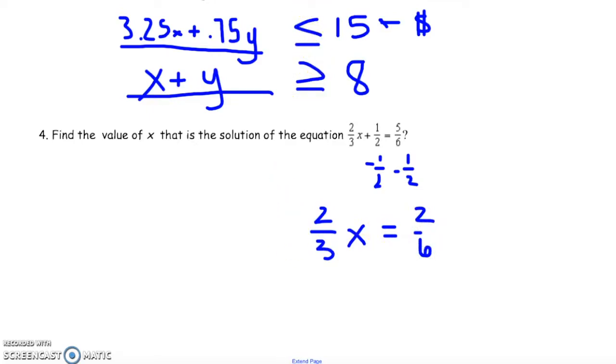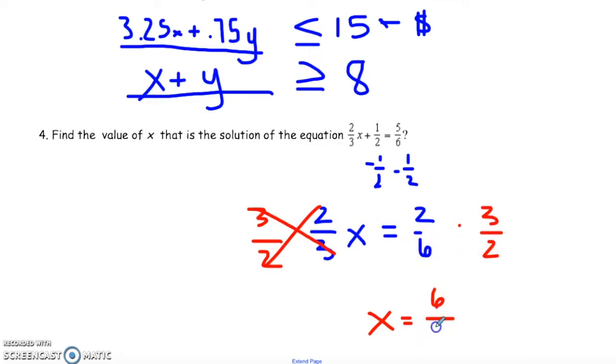And then you're going to multiply both sides by the reciprocal. So this cancels out. And you're left with x is equal to 2 times 3 is 6 over 6 times 2 is 12. So this is really x is equal to 1 over 2.